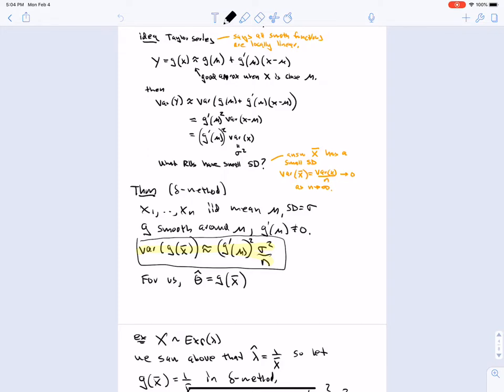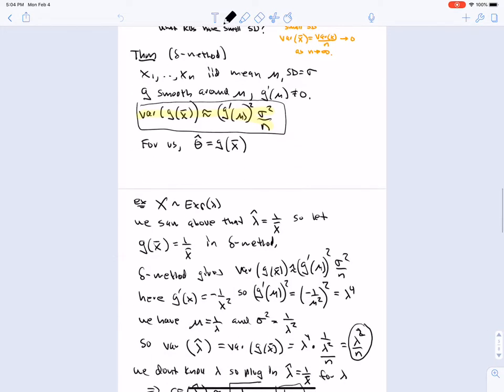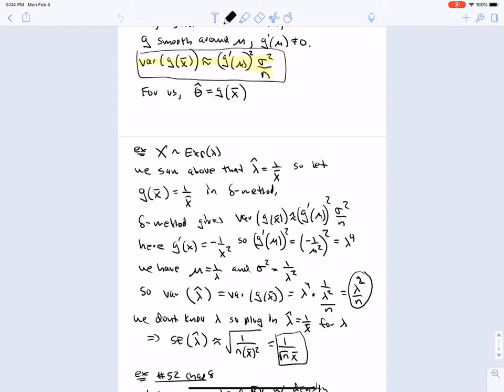So to apply that in our situation, we have g of x bar is 1 over x bar. You just need to calculate the derivative g prime, plug in mu, and then you can approximate sigma squared.